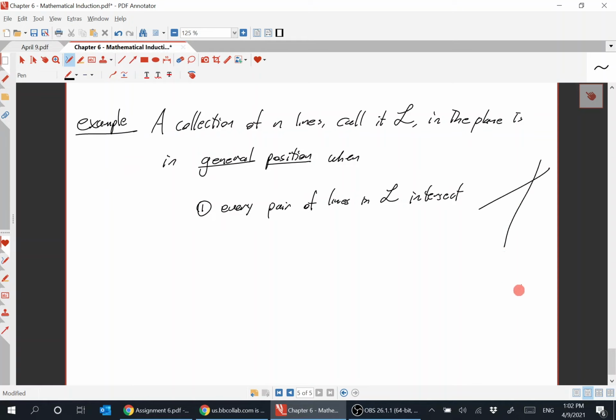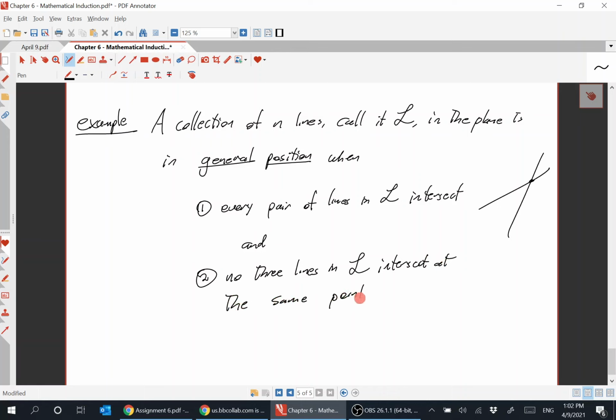So 2 lines in L, or 3 lines in L, they look like that. Well, 2 lines, they have some intersection point, so no parallel lines. And two, no 3 lines in L intersect at the same point.